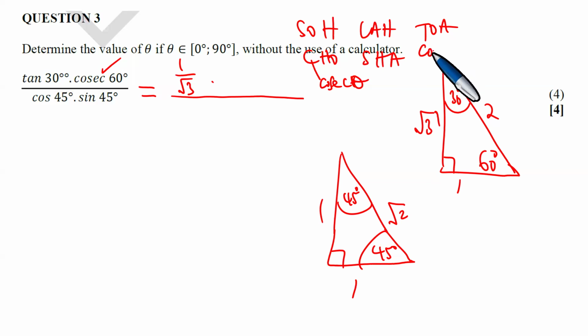This one is the cot, which is the reciprocal of tangent. This one is the secant, which is the reciprocal of cos. This is cos, and then this one is sec. And this one is tan, and this one is cot.